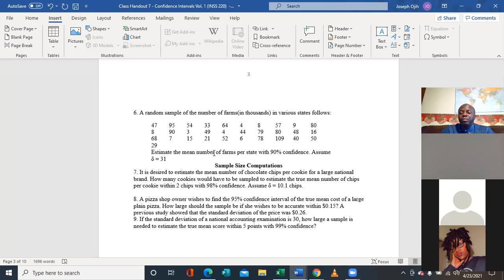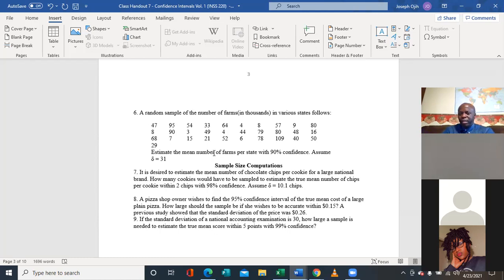I'll give you the confidence level, and you use it to calculate your confidence interval, and then make your conclusion. You're going to have an introduction, what you are planning to do in this project, then the actual work itself, and then the conclusion.